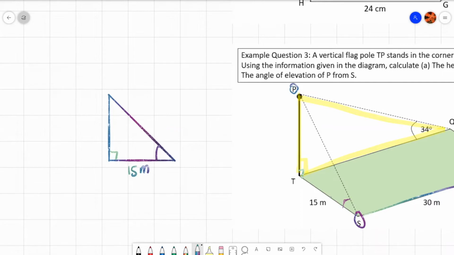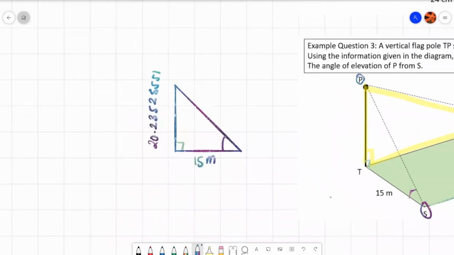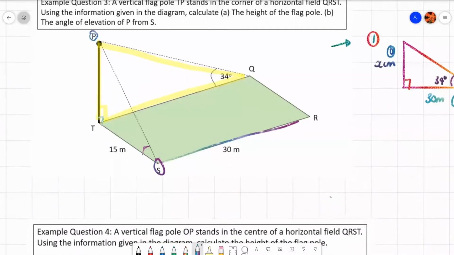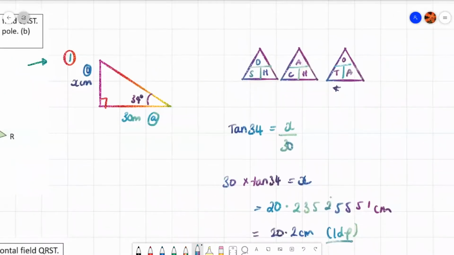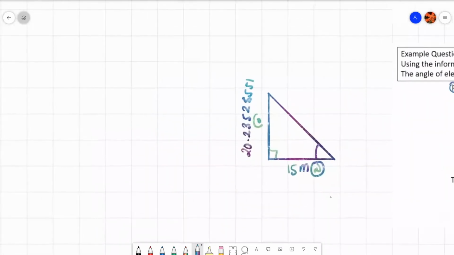I know that bit there is, I'm going to write down the full number because I don't want a rounding issue, 20.2352551. And I want that angle. So I've got the opposite and I've got the adjacent. That again, if you look at our triangles, opposite and adjacent is tan. So tan theta, which is the angle, is opposite, which is 20.2352551 over 15.